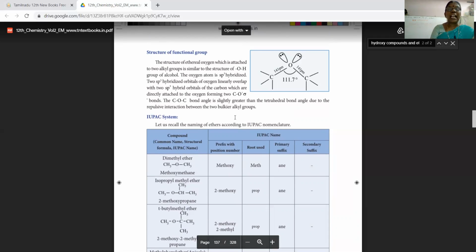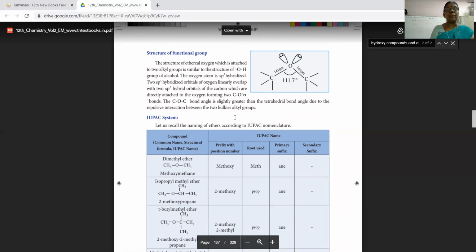Two sp3 hybridized orbitals of oxygen linearly overlap with two sp3 hybrid orbitals of carbon which are directly attached to the oxygen, forming two C-O sigma bonds. The C-O-C bond angle is slightly greater than the tetrahedral bond angle due to the repulsive interaction between the two bulkier groups such as the alkyl groups.